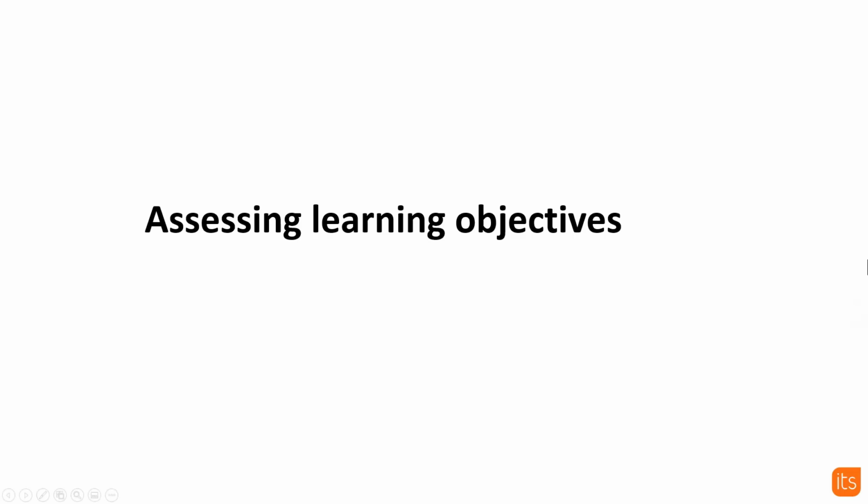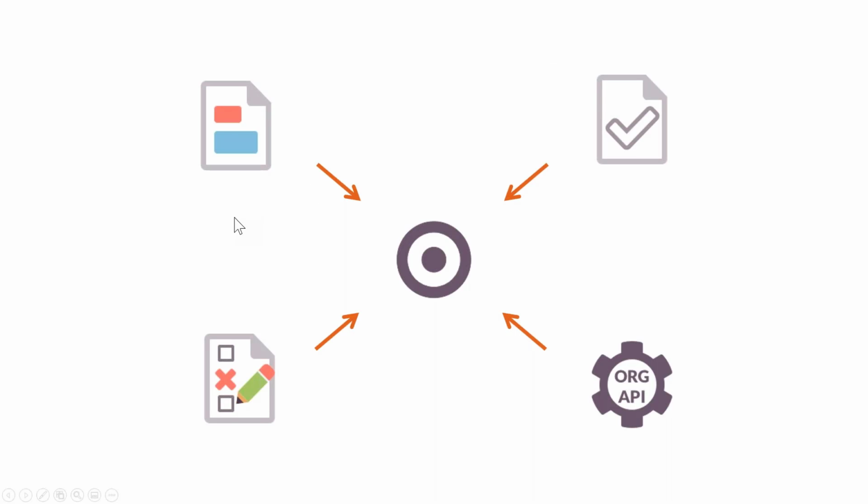So continuing on assessing learning objectives. Also here, let's start with some slides in the presentation, but I'll certainly show this live in a bit. For assessment of learning objectives, we have a couple of tools available. We have our assignment tool, where students need to submit something, for example, a paper or an essay.